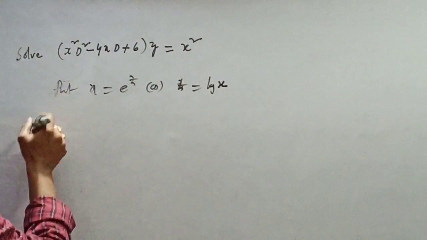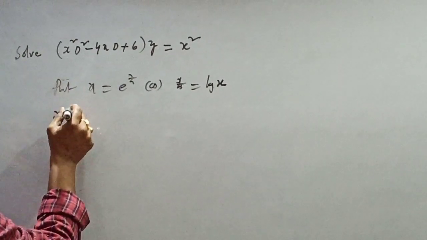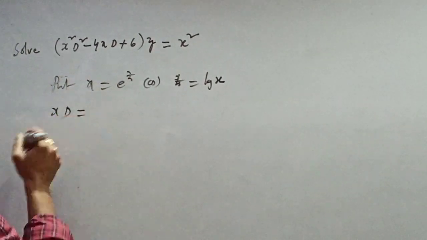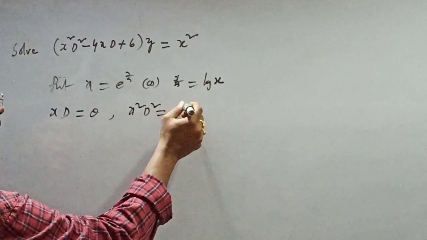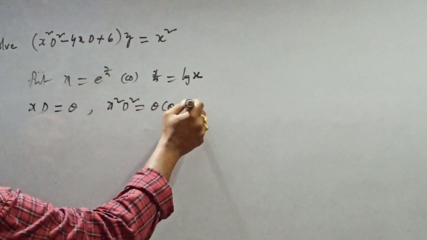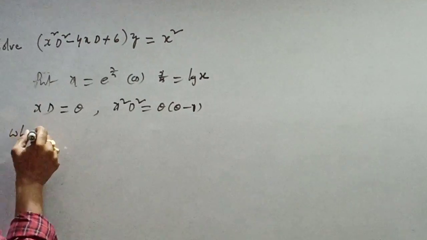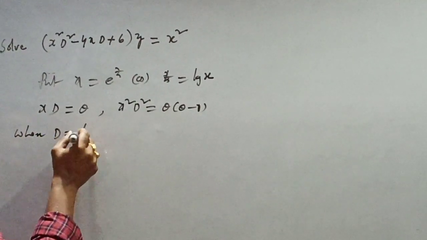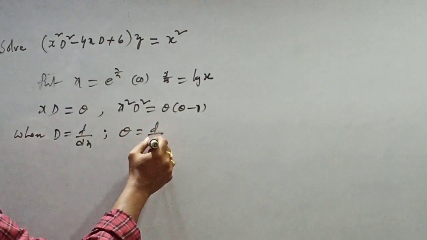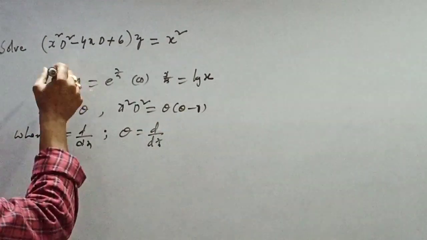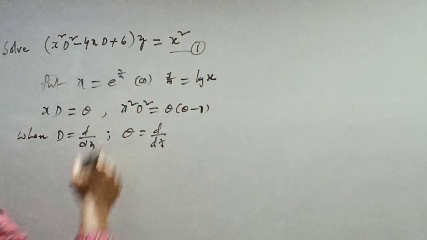Clear? Then we know xD equal to theta, and x square D square equal to theta into theta minus 1, where D equal to d by dx and theta equal to d by dz. Okay, then you can say this is equation 1.